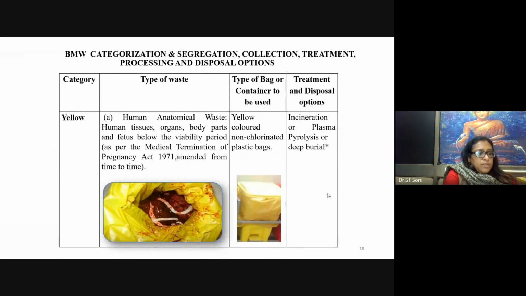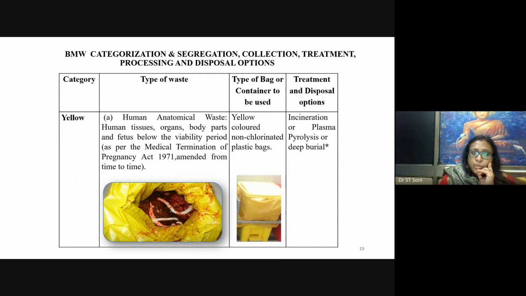It will come from surgery, definitely, because if you have mutilated an organ, or cut any part of the body, this type of waste will be generated. Anatomical waste can also be generated from the Medical Termination of Pregnancy Act, where the fetus also comes under the category of anatomical waste.